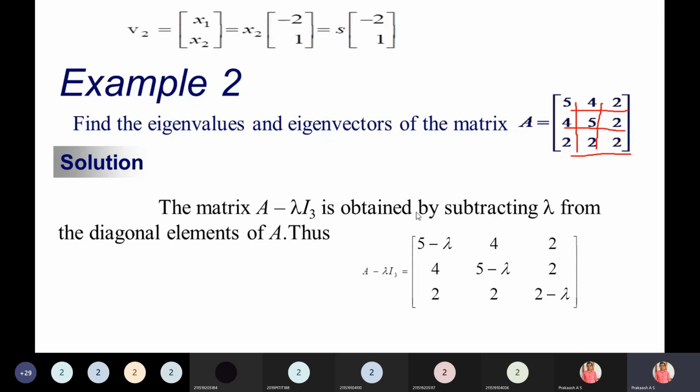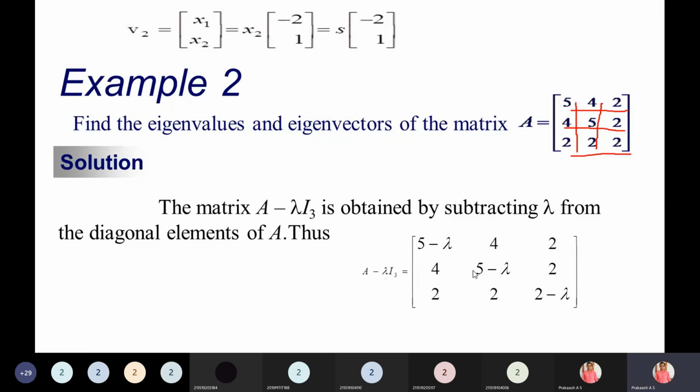The matrix is obtained by subtracting lambda from the diagonal elements of A. Lambda is a matrix where only the diagonal elements are lambda and the other elements are 0. So subtracting lambda from the diagonal elements of A gives 5 minus lambda, 5 minus lambda, 2 minus lambda.